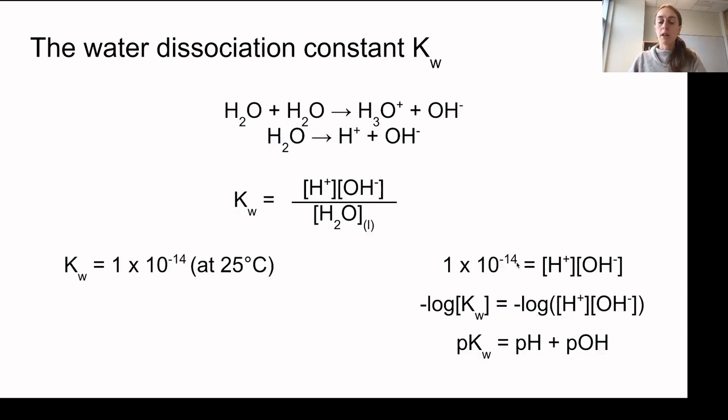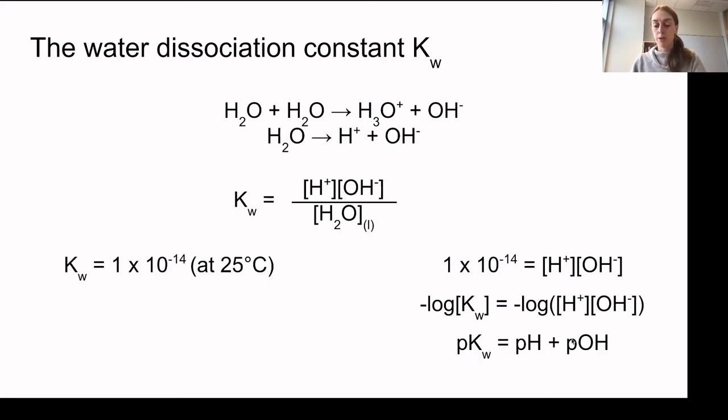So we have 1 times 10 to the negative 14th equals the concentration of H plus times the concentration of OH minus. If we take the negative log of both of those sides, what we end up with is the water dissociation constant equals pH plus pOH, which you'll remember is the negative log of the concentration of hydronium and hydroxide ions.